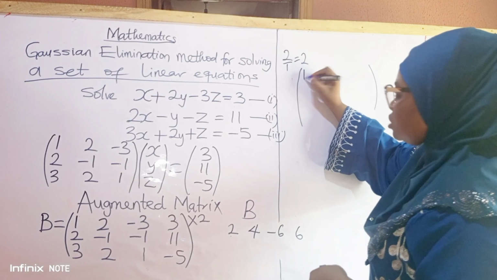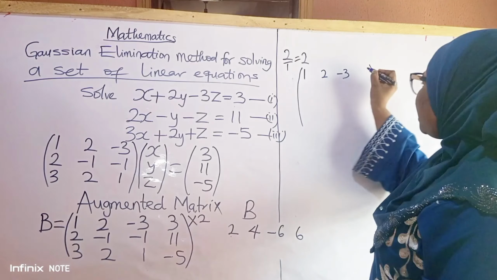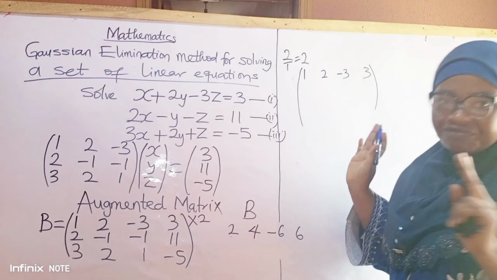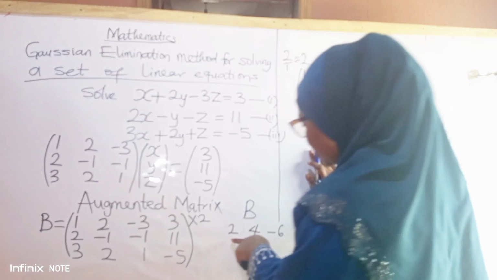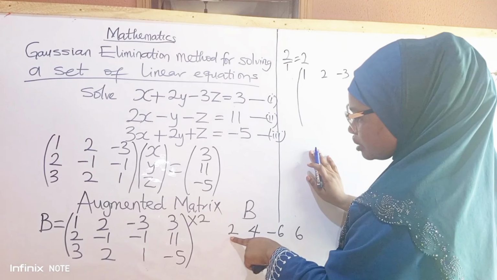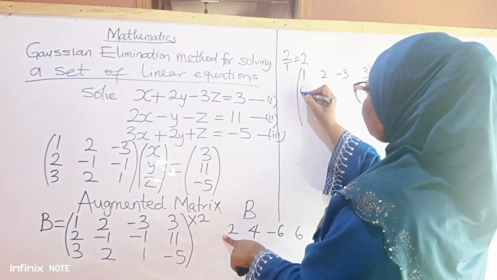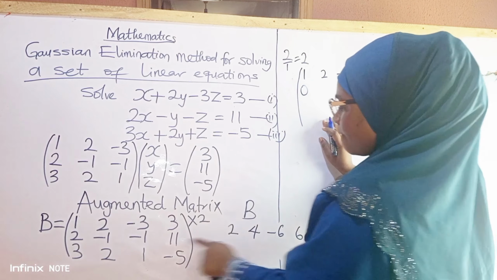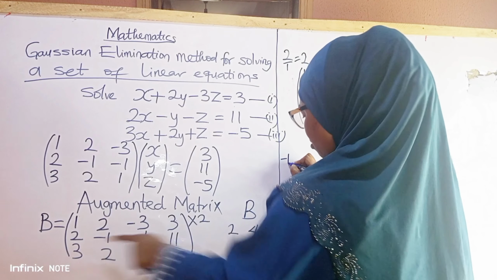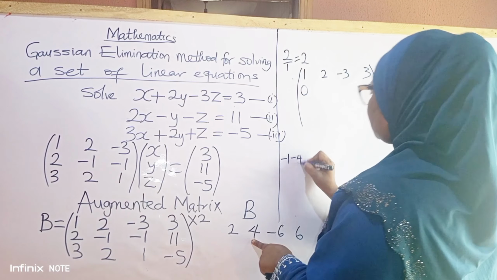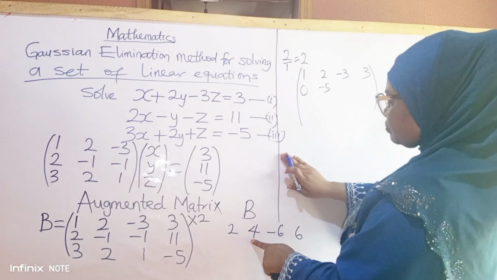So we have 1, 2, minus 3, and 3. Now row 2 minus the answer we got: 2 minus 2 is equal to 0. Minus 1 minus 4 is minus 5. Write that minus 5 here.